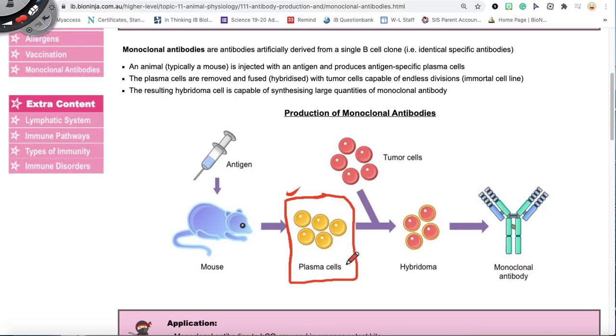So they take these plasma cells, they hybridize them with an immortal cell line, and they make this monoclonal antibody cocktail that then can be infused into a person who has COVID-19, and this could reduce the symptoms of COVID-19.